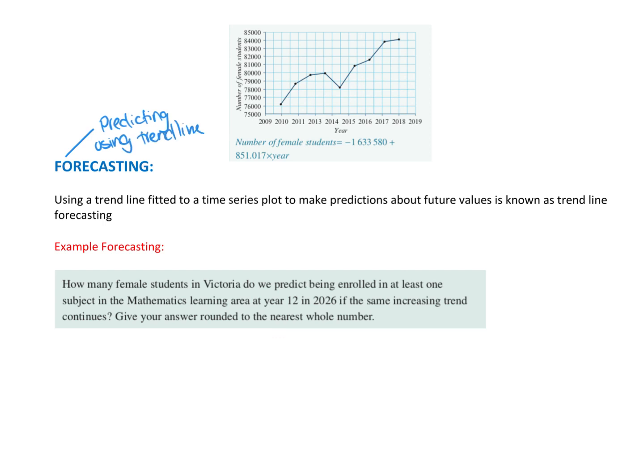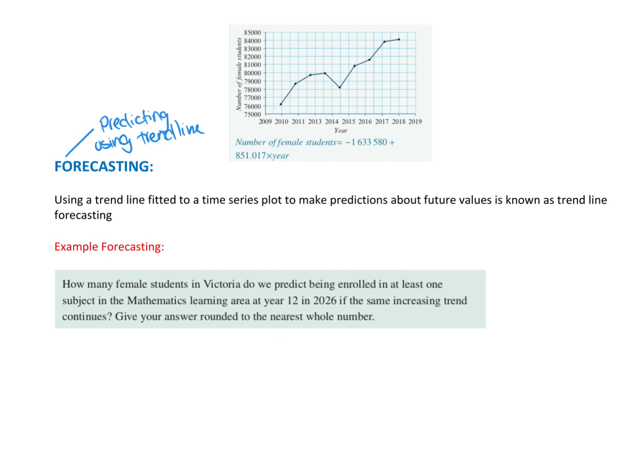It's all the same; we're just using different words. Using a trend line fitted to a time series plot to make predictions about a future value is known as forecasting. Really, we're predicting outside of what we've seen, so we're actually extrapolating. We're forecasting that this is going to carry on the same.